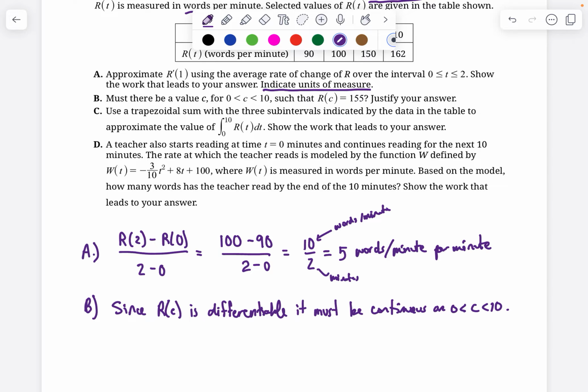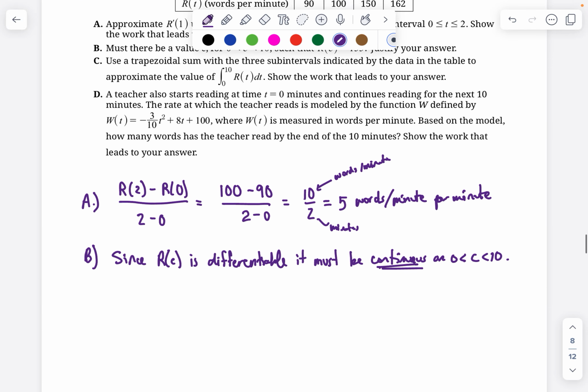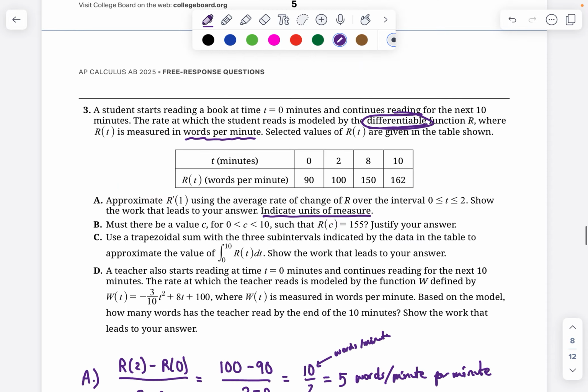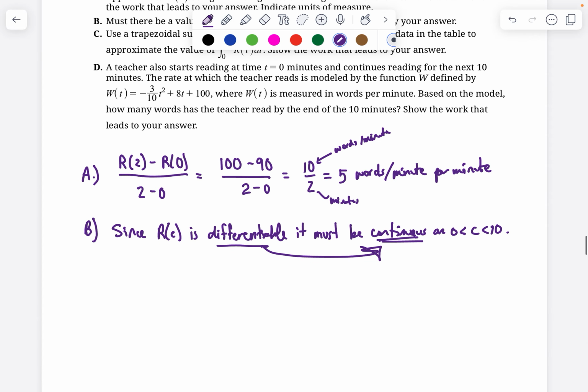So you got to say that it's continuous, but in this case, they didn't actually up here say it was continuous. They said it was differentiable. So that means you need to say something like, because it's differentiable, we know it's continuous, right? You can't just write that it's continuous. Now, if up here it had said it is continuous, then you could have just said because it's continuous, all right? So you need to give some type of logic there that because it's differentiable, we know it's continuous.